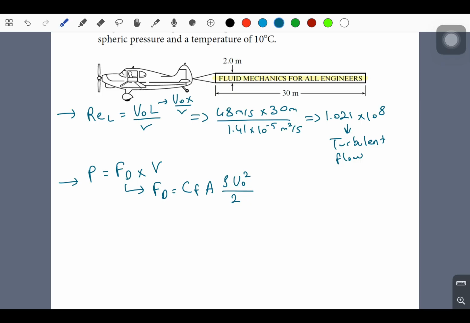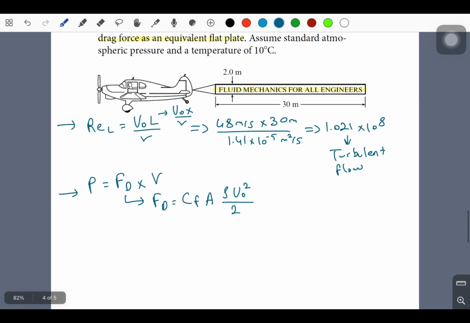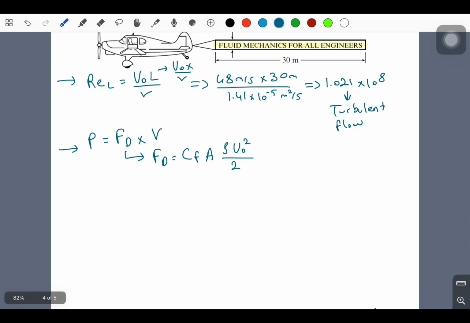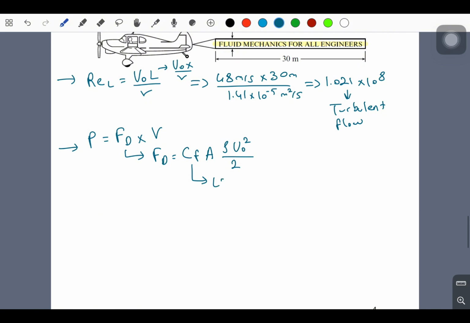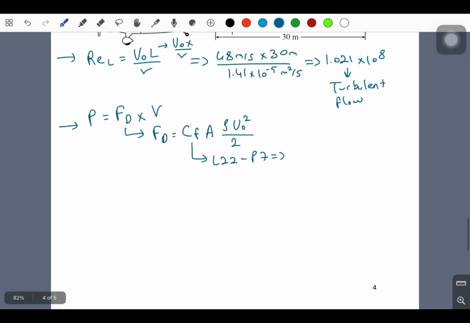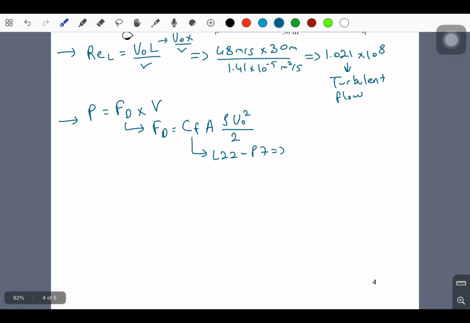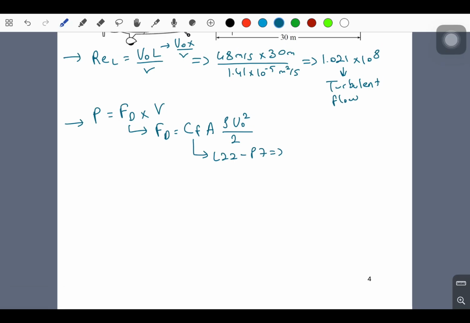So you can actually get the equation of the drag coefficient from lecture 22, page 7. So the shear stress coefficient, or we can call it drag force coefficient, is, and this is actually the average drag force coefficient.